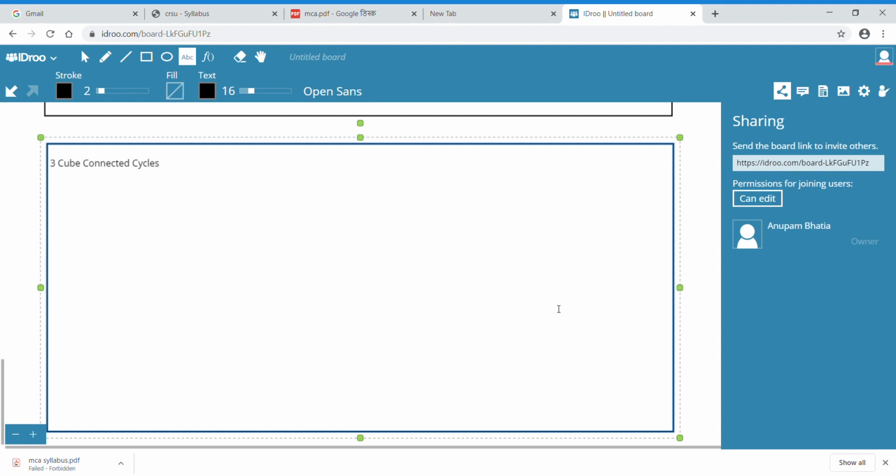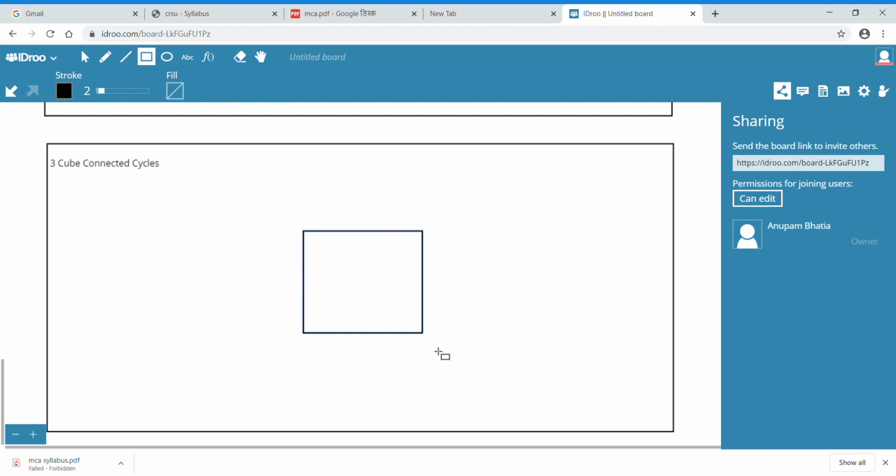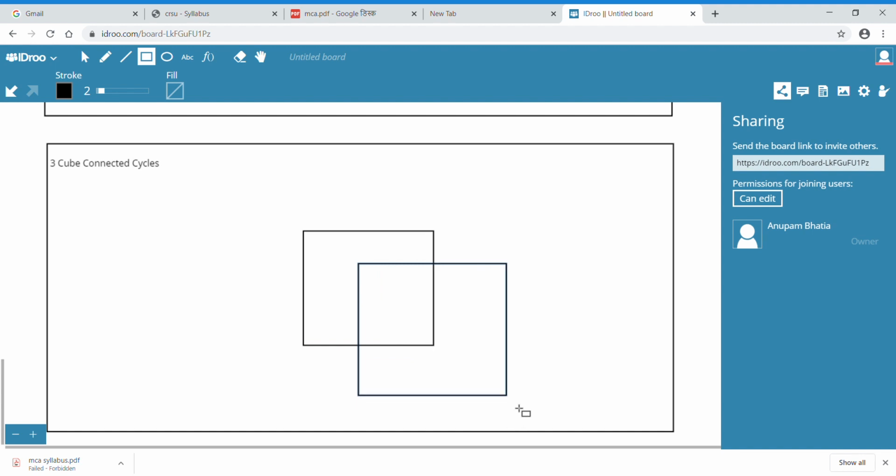There is a minor change that each node of the cube has 3 different nodes. That is known as the 3 cube connected cycles. Just trying to show you here with the help of the diagram.